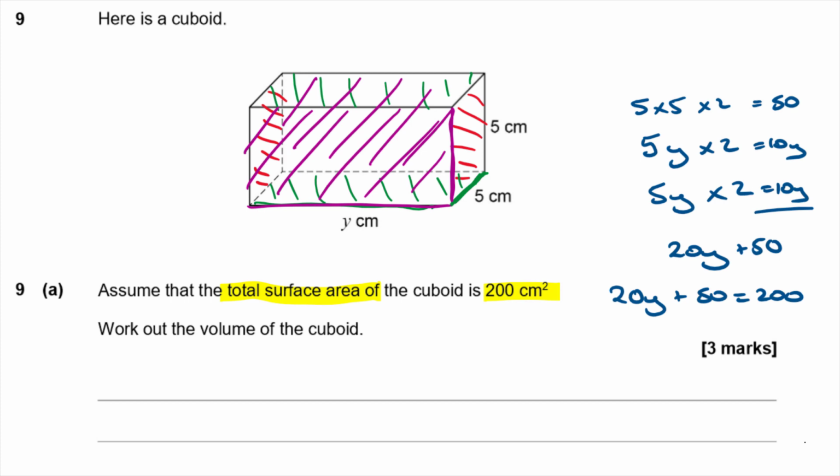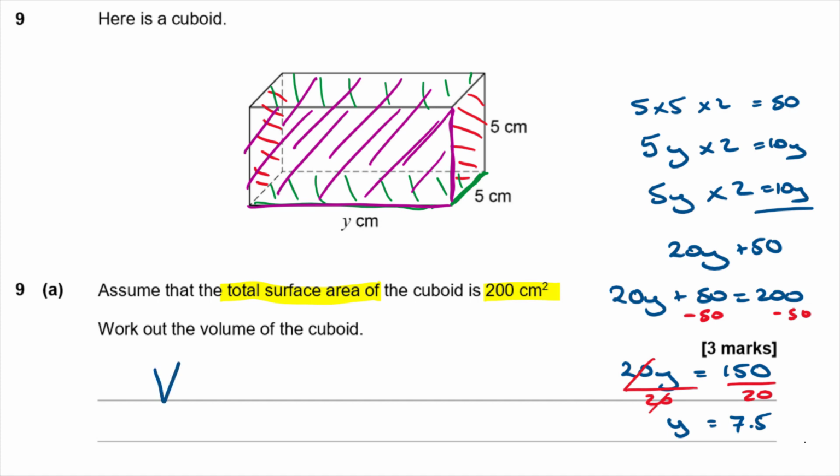So subtract 50 from both sides. That's going to tell me that 20y is equal to 150, and then dividing both sides by 20, this cancels with this, leaving me with y equals 15 over 2, 7.5. So that's the length y is 7.5.